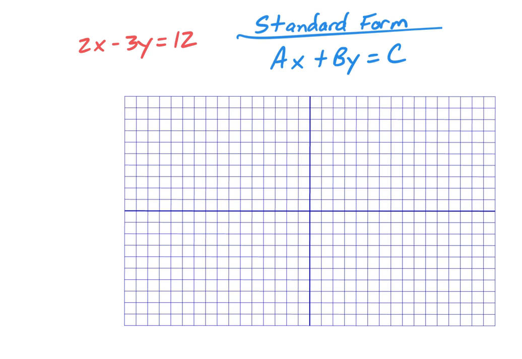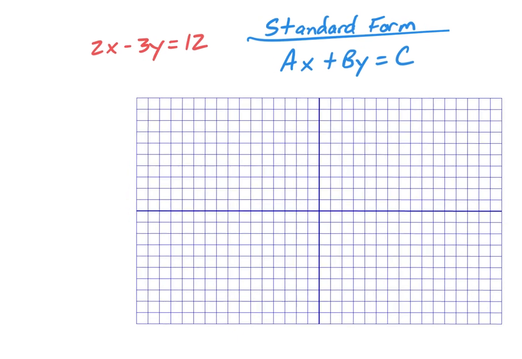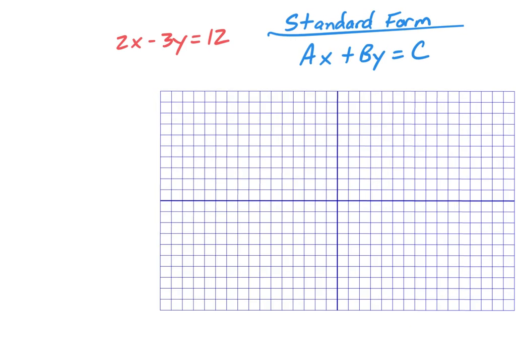I would have to subtract 2x, I'd have to divide by -3, and all of those things are okay. And I'll come back and do that here in just a second, just to kind of show you how they are interchangeable. But I think the easiest way of graphing in this format is doing what I call the cover-up method.